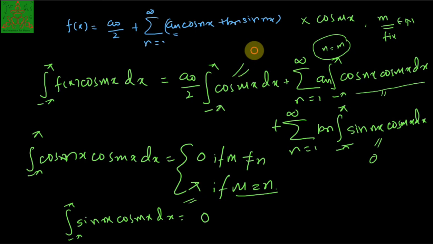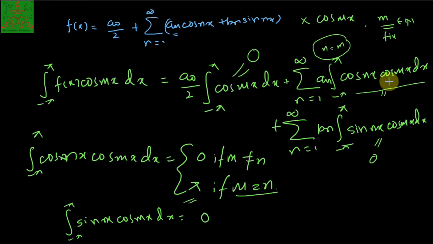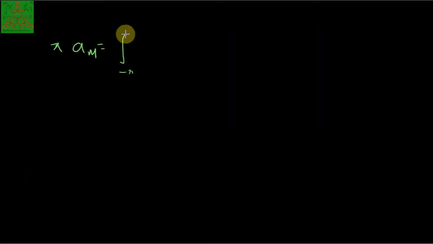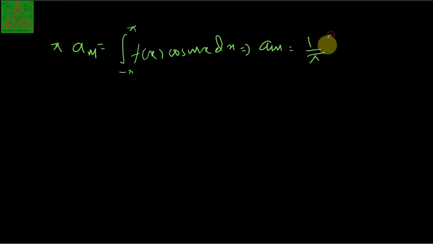This is already 0, which we have proved. So finally, what is left? The left quantity is am into pi, and this side you will have the integral from minus pi to pi of f(x) cos mx dx. So this implies am is 1 upon pi times the integral from minus pi to pi of f(x) cos mx dx.